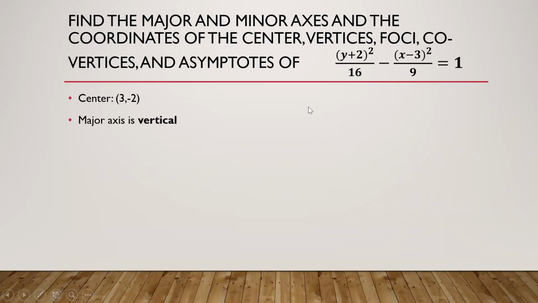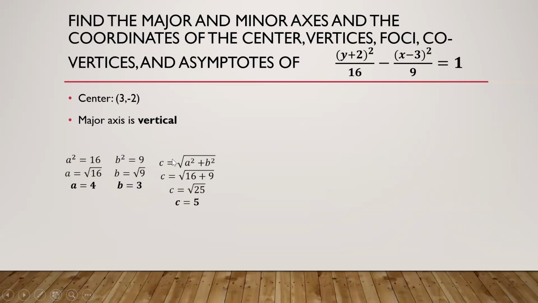Next, the orientation of our major axis, which is vertical, because y came first. So next, we have to find our a, b, and c. For our a, we find the square root of 16, which is 4. For our b, we find the square root of 9, which is 3. And then we follow this formula to get c: the square root of a squared plus b squared, so that's 16 plus 9, 25. So the square root of 25 is 5.